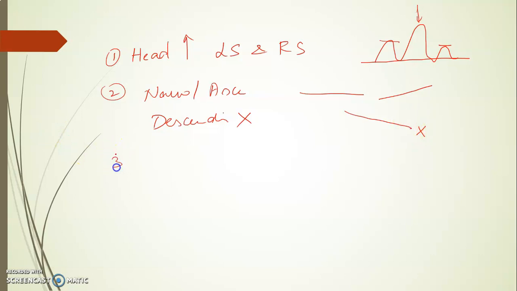And third is, the head and shoulder pattern after an uptrend is more reliable, and that actually gives us a reversal. Whenever there is an uptrend and the head and shoulder pattern forms on the top, then this is more reliable because it is a reversal pattern.